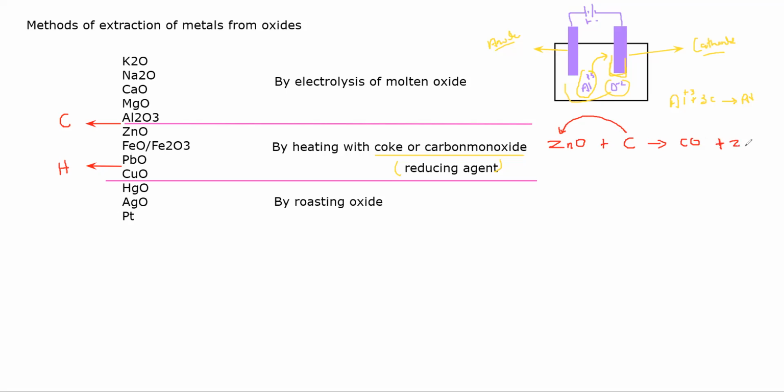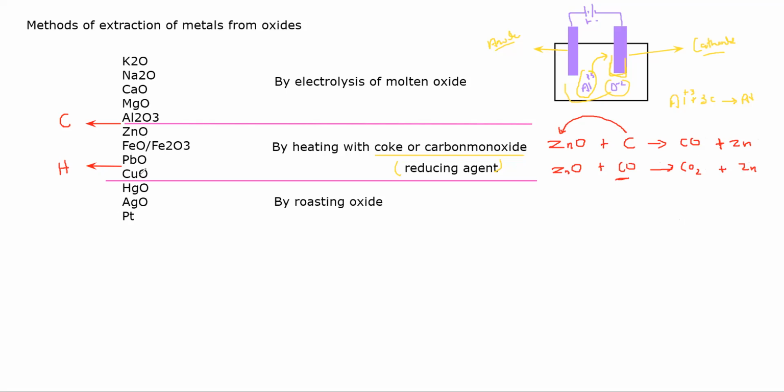Both possibilities are there, and zinc is separated. Or we can also use carbon monoxide, which is also a good reducing agent. It will remove oxygen from the other substance, and this becomes carbon dioxide and zinc.